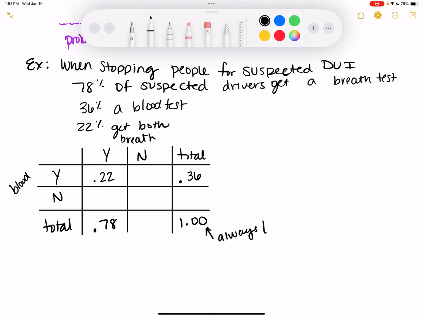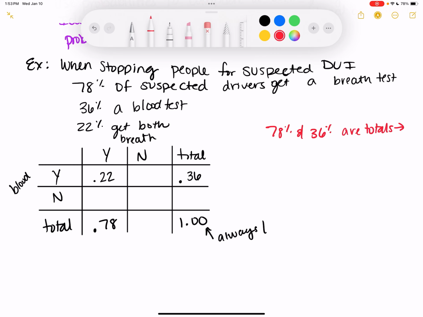Okay. All right, so when stopping people for suspected DUI, 78% of the suspected drivers get a breath test, 36% a blood test, and 22% get both. And so we wrote down this table. Something to note is that the 78% and 36% are totals.